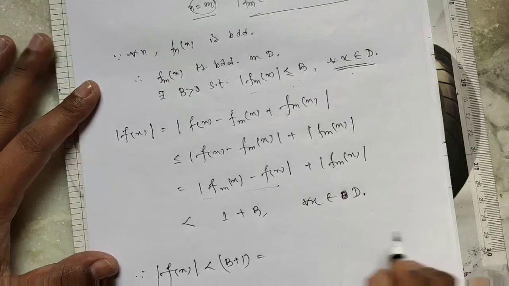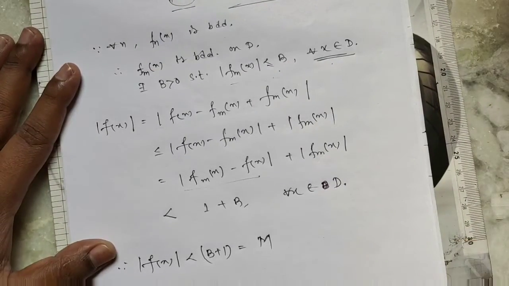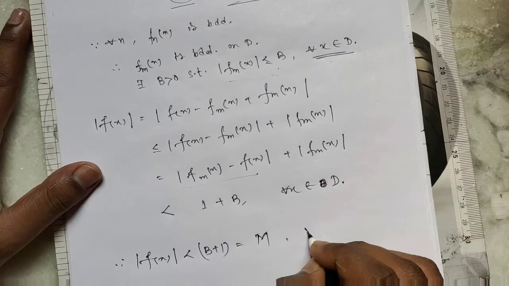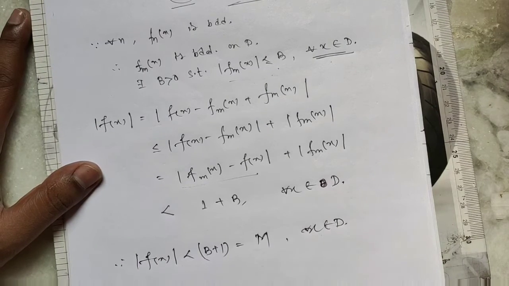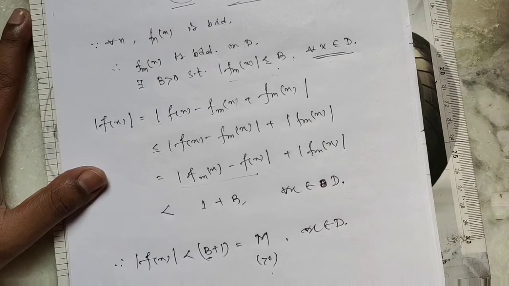Say B plus 1 is capital M, for all x belongs to D. Here M is greater than 0 because B is greater than 0, so B plus 1 is also greater than 0.